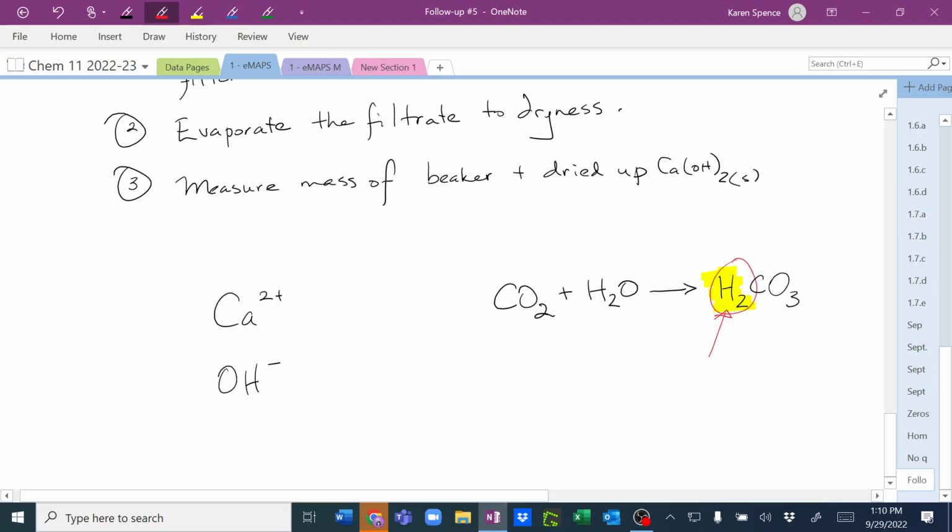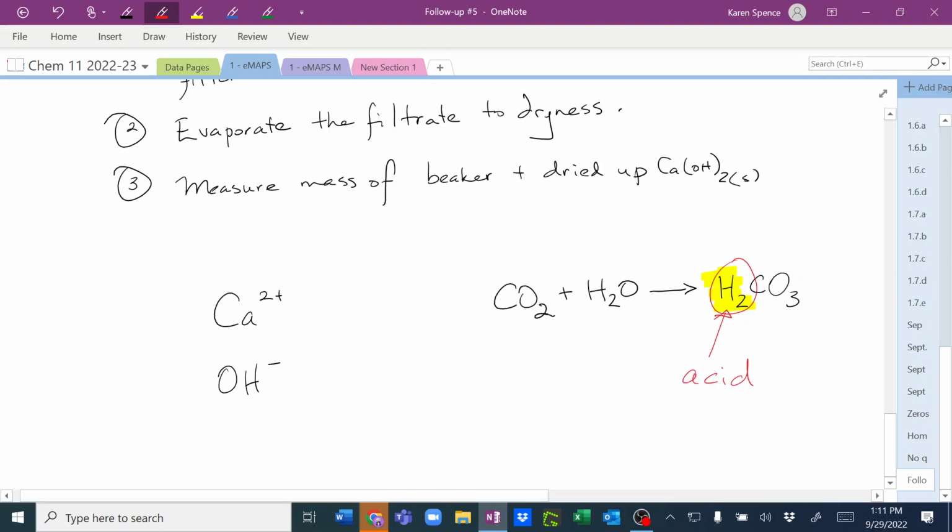It is a covalent compound. It's a little more complicated than that. It does funny things. We'll talk about it later. But it has hydrogen at the front. What kind of compounds contain hydrogen? Acids. This is an acid.